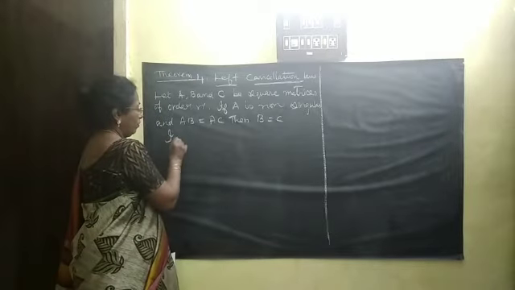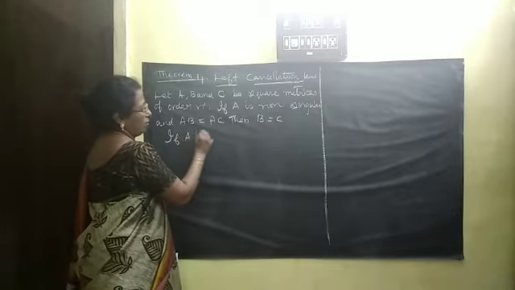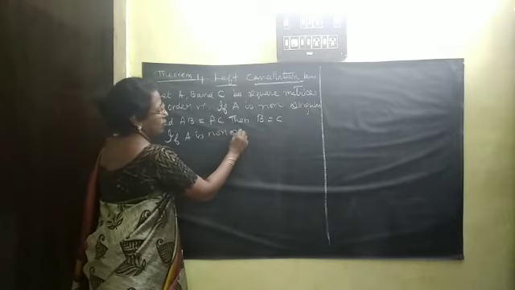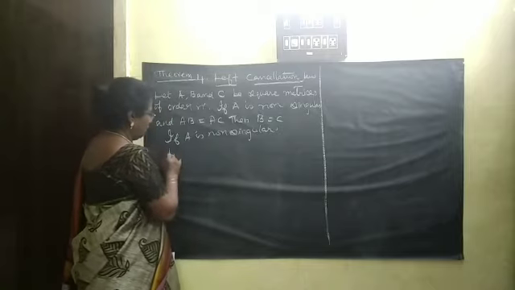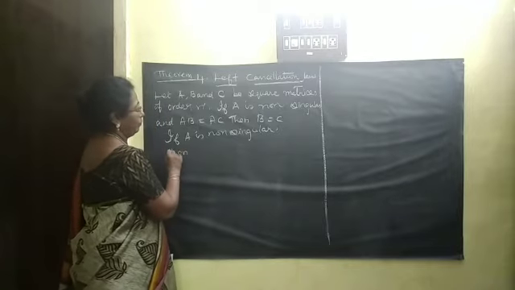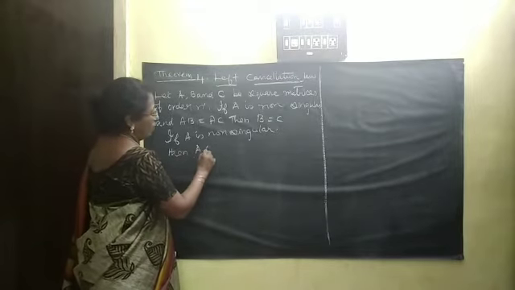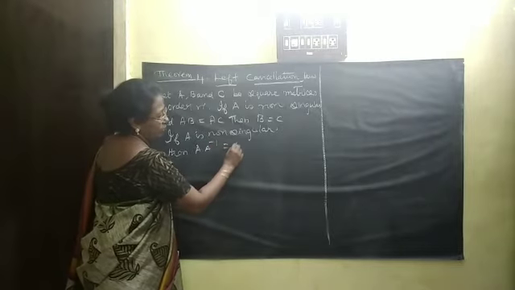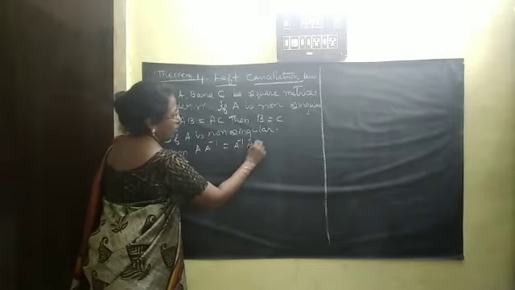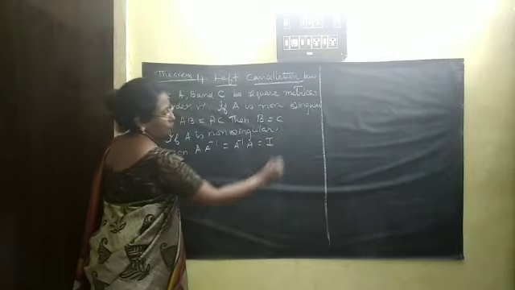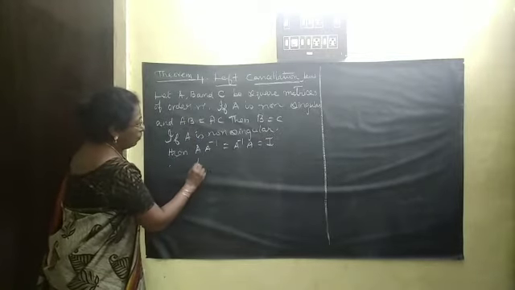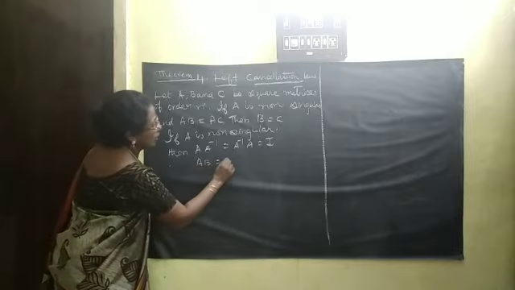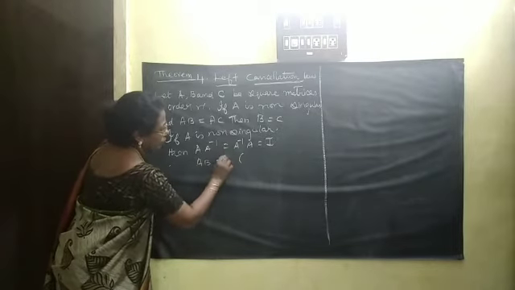If A is non-singular, then A inverse A is equal to I. It is given AB is equal to AC. This is given.